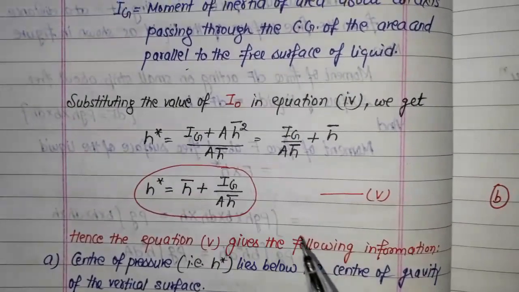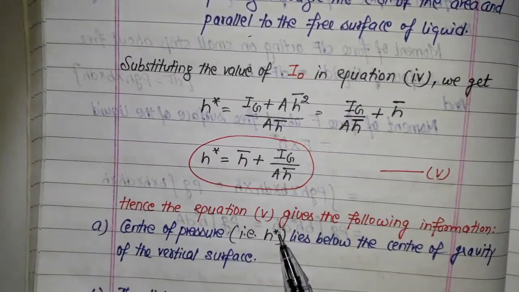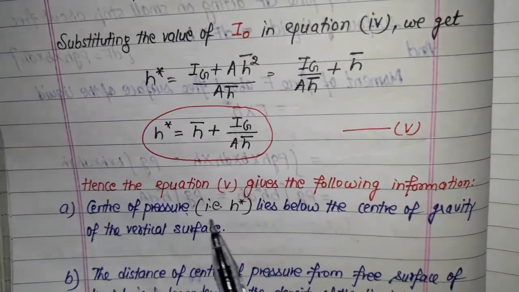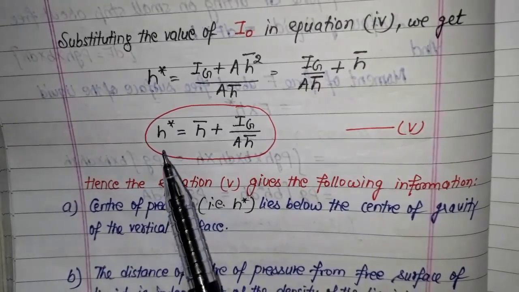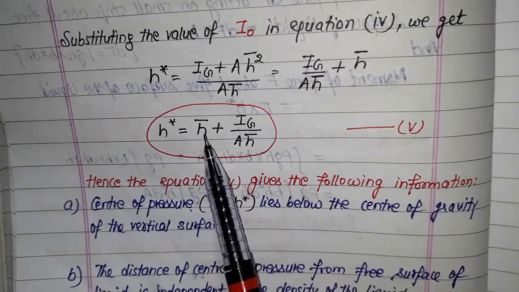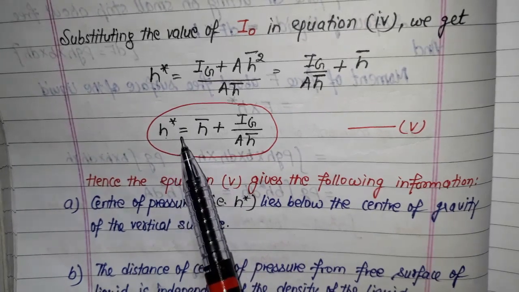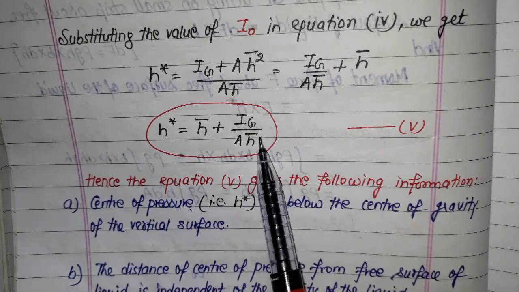This is equation 5. Hence equation 5 gives the information that the center of pressure lies below the center of gravity of the vertical surface, because if h star were equal to h bar, they would lie on the same plane, but here h star equals h bar plus Ig by A h bar.